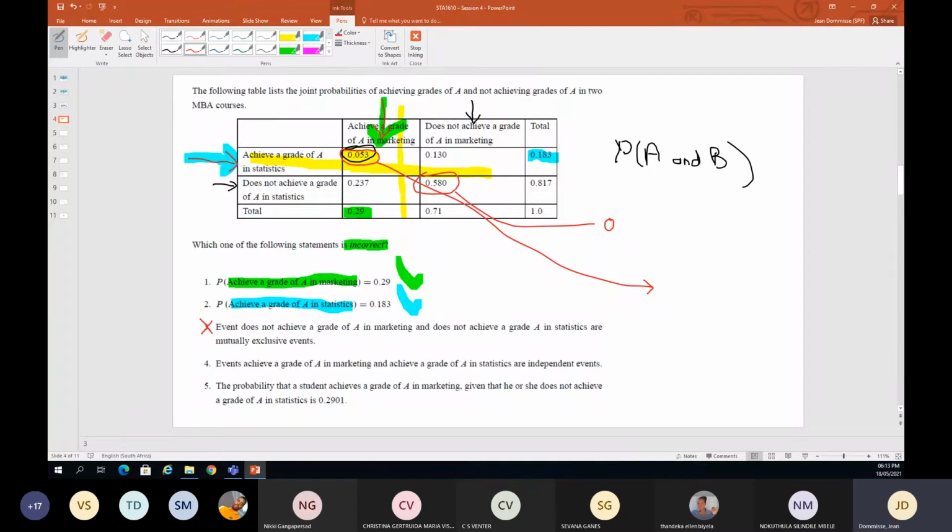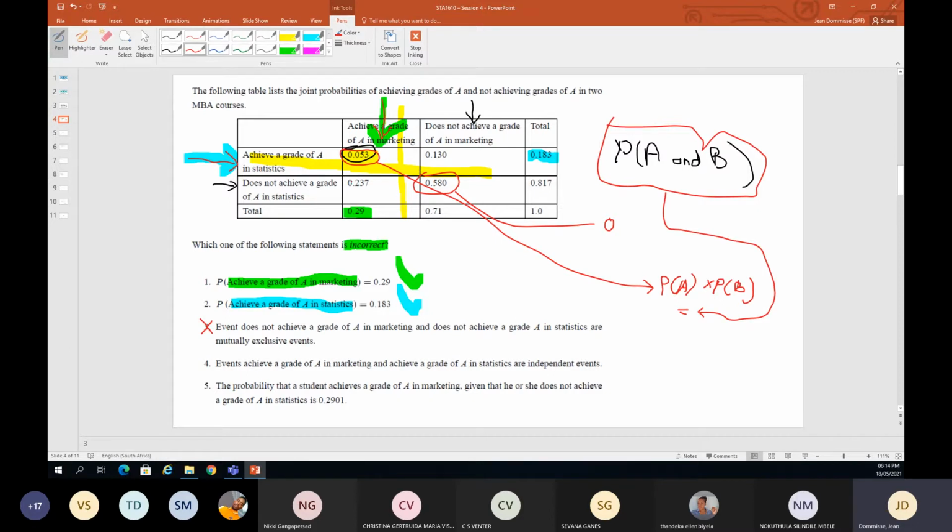When is something independent? Okay, so from the rules, when the probability of the one times the probability of the other one is actually equal to that AND. So if it is that, then we know it is independent.